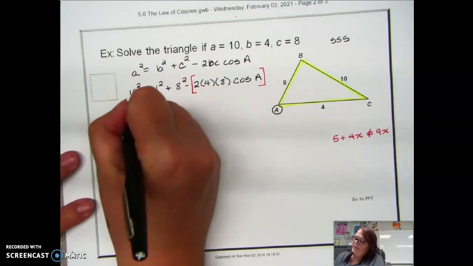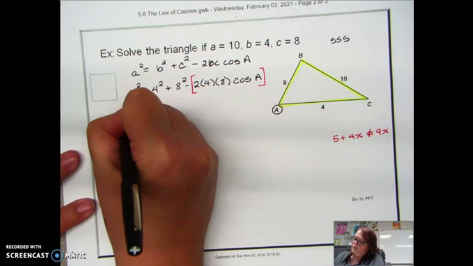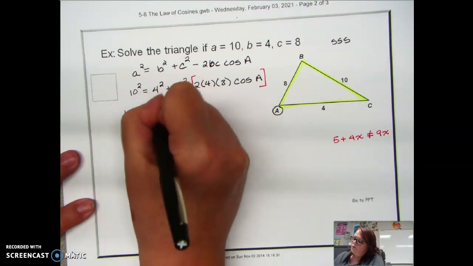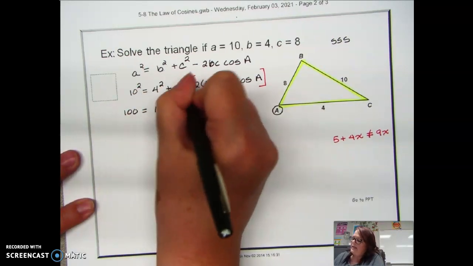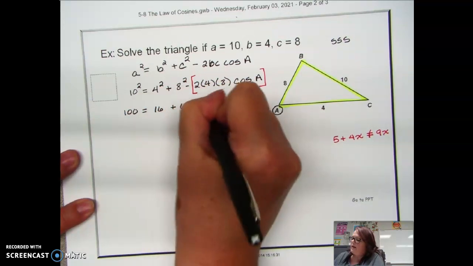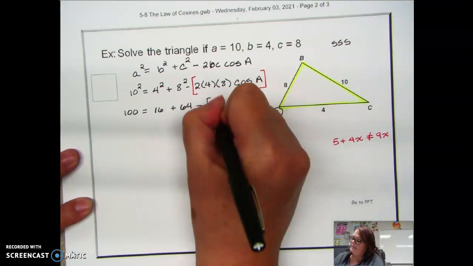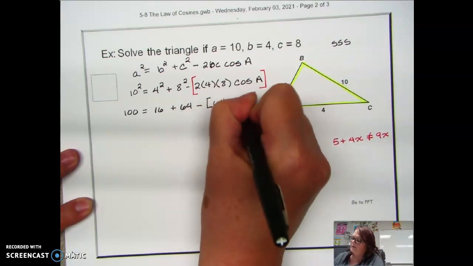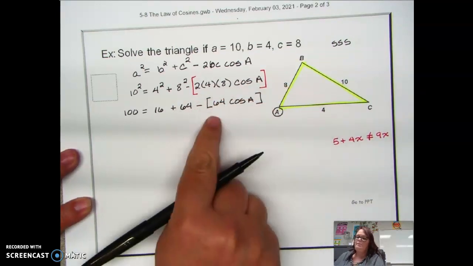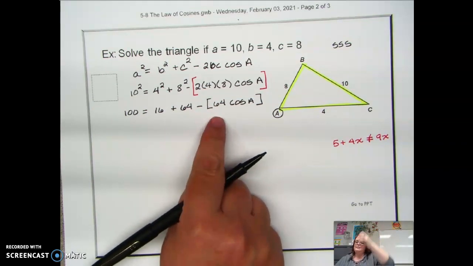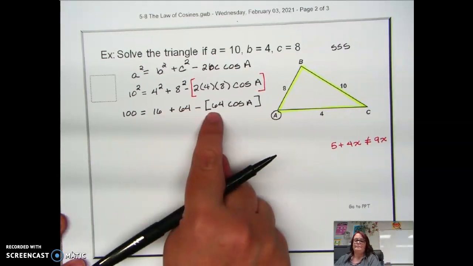And so we end up with 10 squared is 100, 4 squared is 16, 8 squared is 64, minus, and then I get 2 times 4 is 8, times 8 is 64, cosine of a. And again, I'm keeping that in the brackets because I don't want to mix these up.